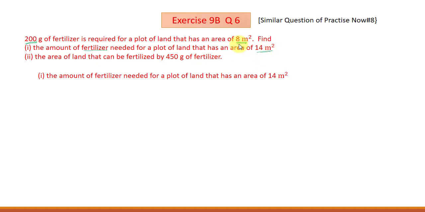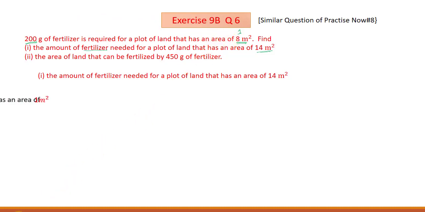So first of all, if for 8 meters square of land 200 gram of fertilizer is required, then how much fertilizer will be required for 1 meter square of land? So obviously we will divide 200 by 8.